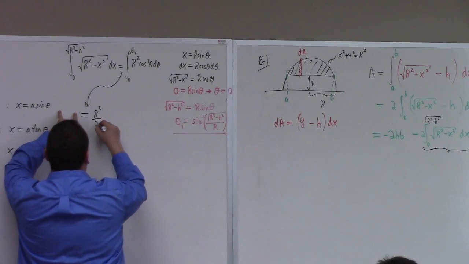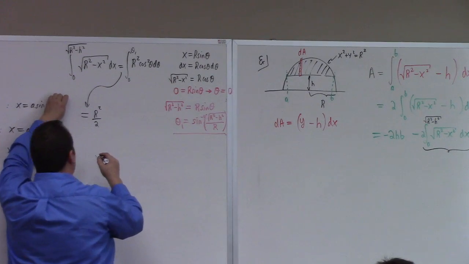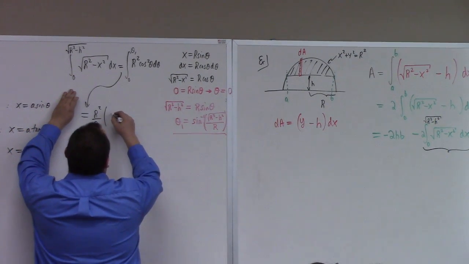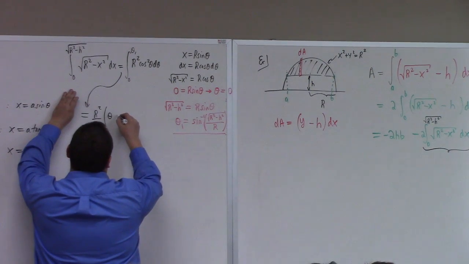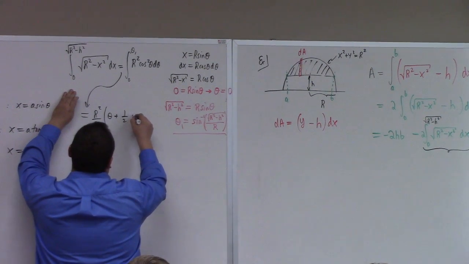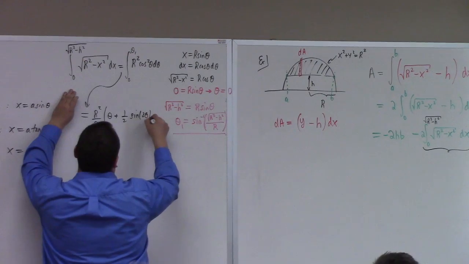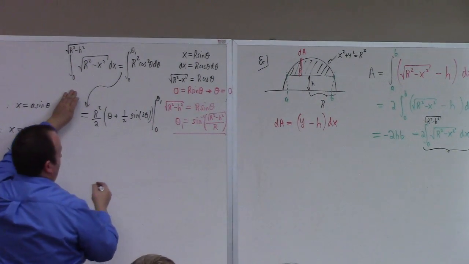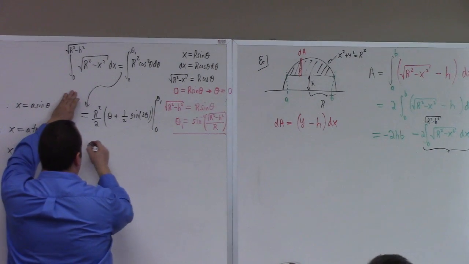R squared over 2, theta plus 1/2 the sine of 2 theta, evaluated from 0 to theta 1. And let's see here.